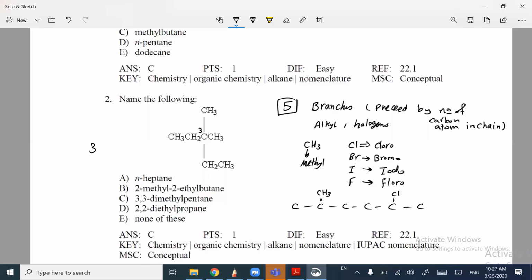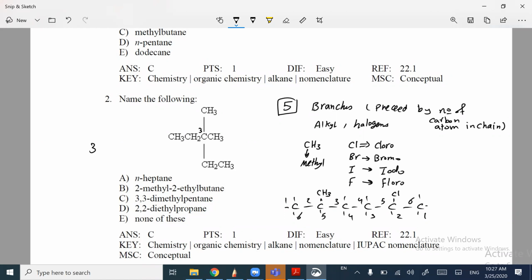From any side we can start, and the others are saturated with hydrogen. Firstly, maybe start from this side: 1, 2, 3, 4, 5, 6. From the other side: 1, 2, 3, 4, 5, 6.